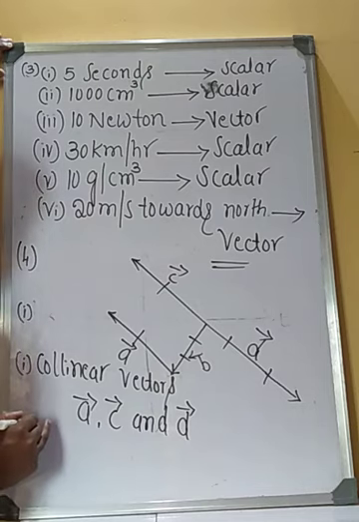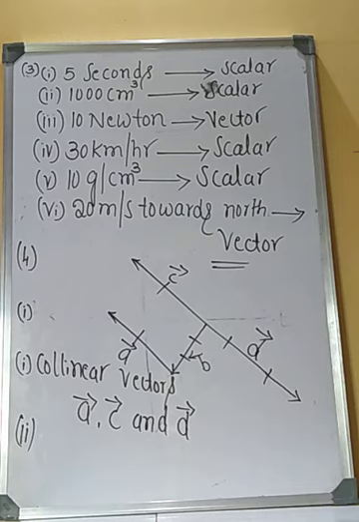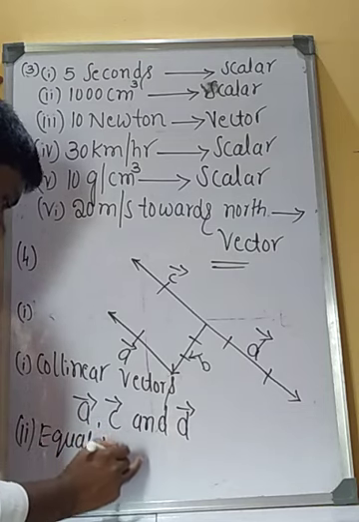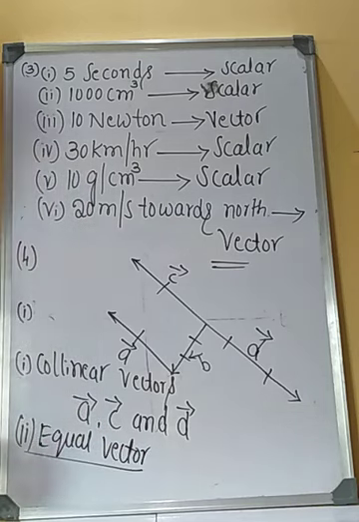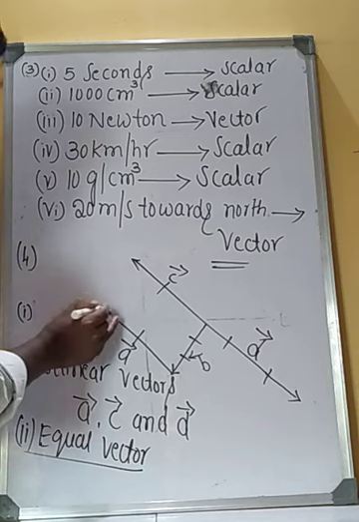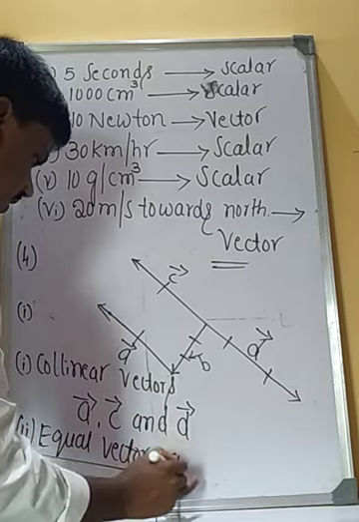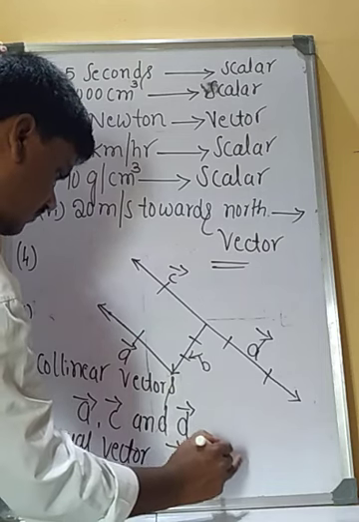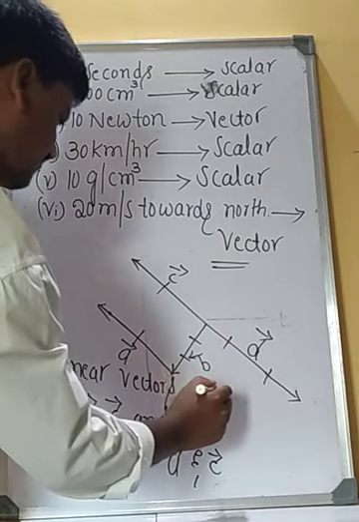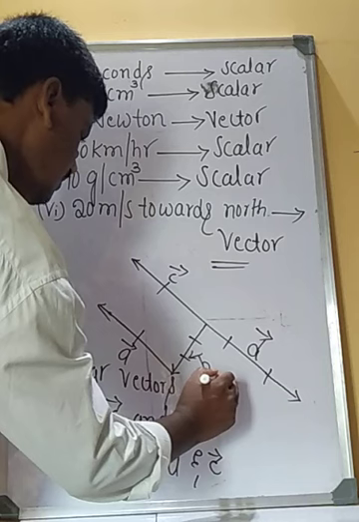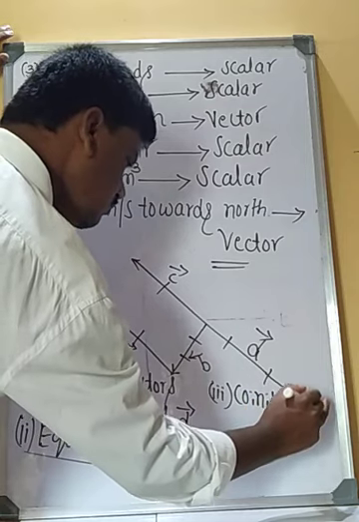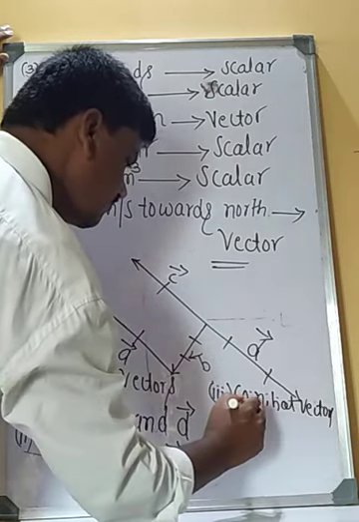Equal vectors. Equal vectors are vector A and vector C. Co-initial vectors.